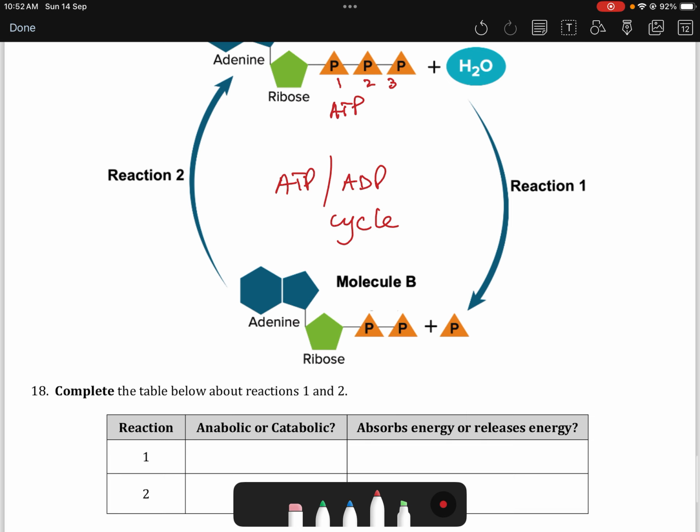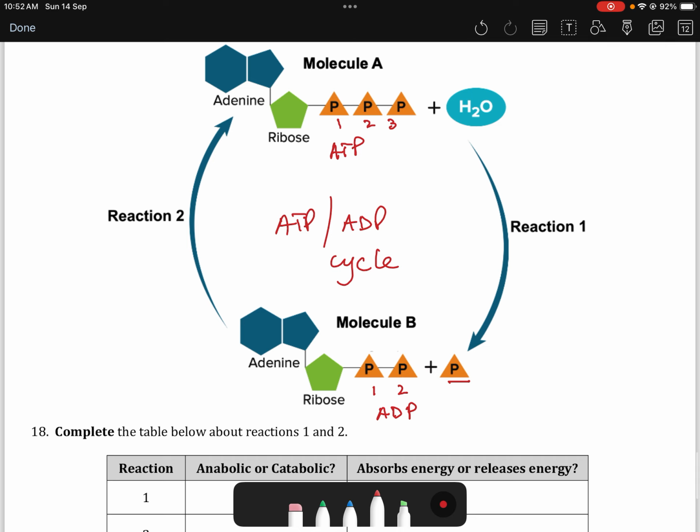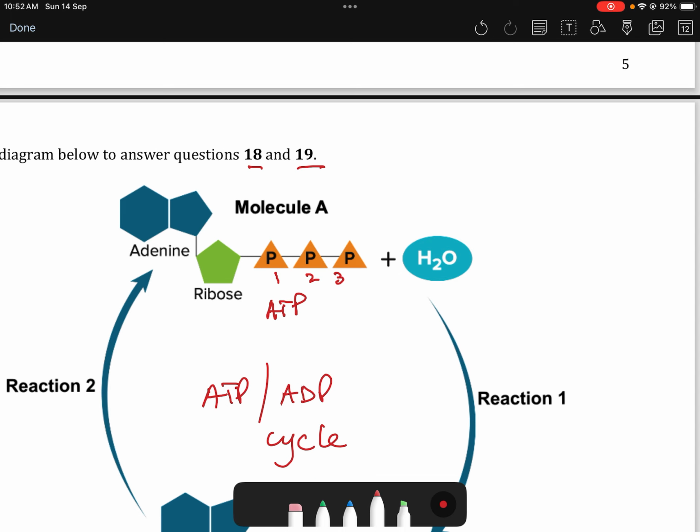And here we have 1 2, 2 P, so this is ADP, and phosphate is released. So in reaction 1, phosphate is released, along with that energy is released, and we use water molecule to break it down. This process is called hydrolysis.